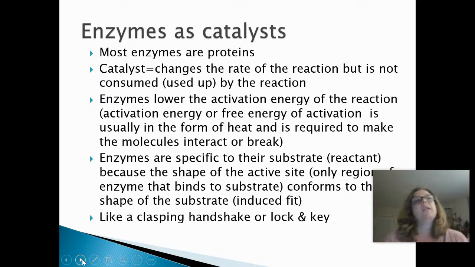Most of the time, enzymes are proteins, although RNA can catalyze its own reactions, but we don't typically think of them as being enzymes in the classical sense.